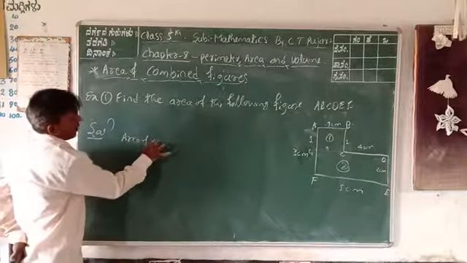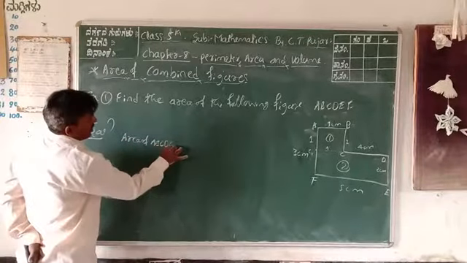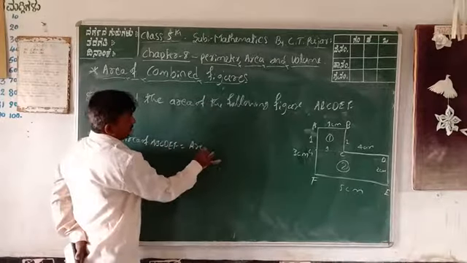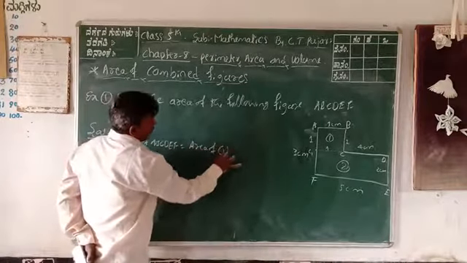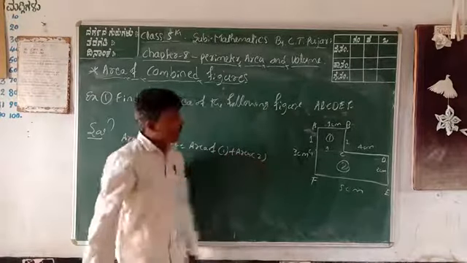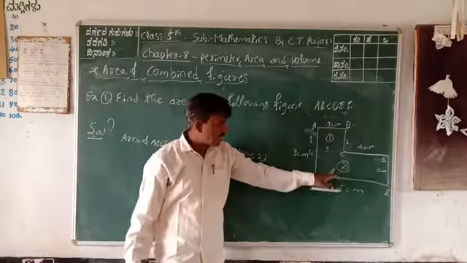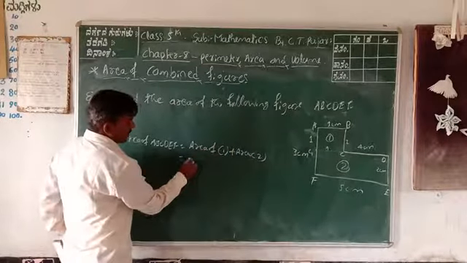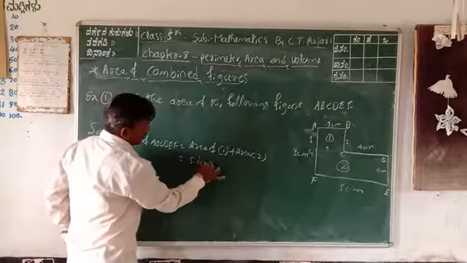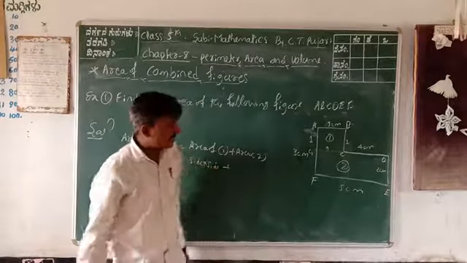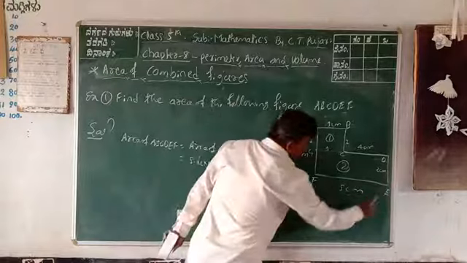Therefore, area of A, B, C, D, E, F is equal to area of first one plus area of second one. First one is a square, second one is a rectangle. Square is side into side, plus second one is length into breadth. Length is EF.